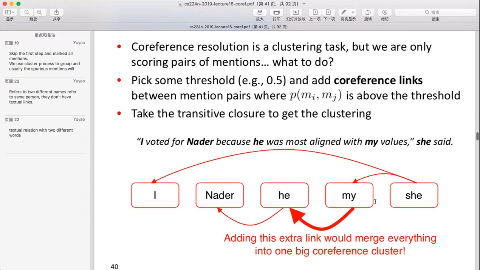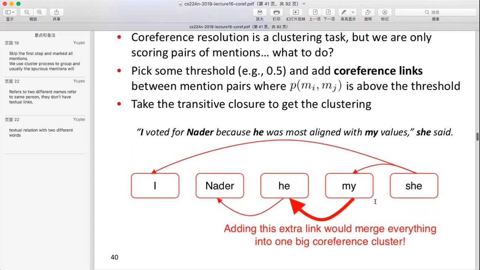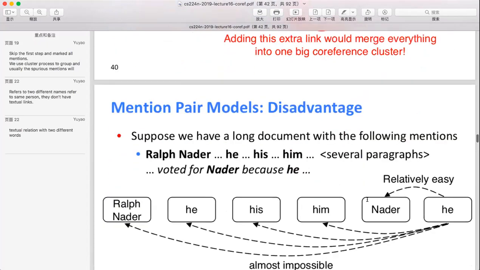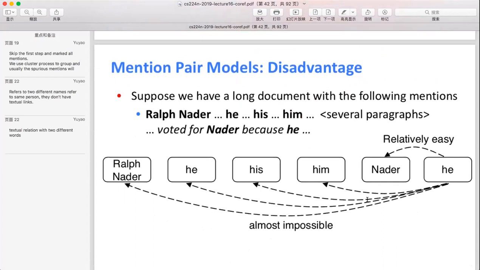So this mention-pair approach has a disadvantage: it is very sensitive to how you set your threshold value. Yeah, that's a disadvantage. And another problem is, for example, this is a text, a paragraph, and what we're trying to find out is that he refers to Nada.